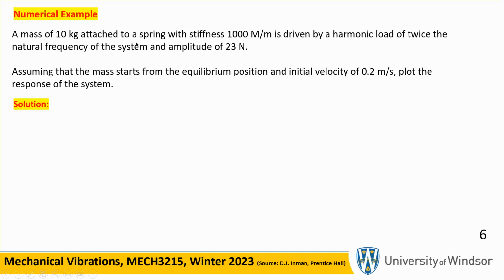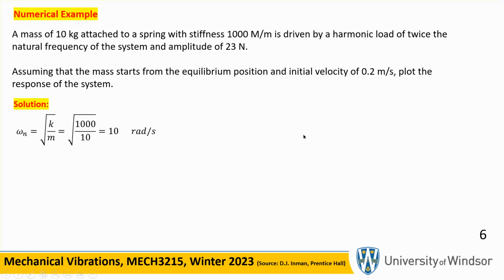And the amplitude of it, that means the F naught, is 23 Newtons. Suppose that the mass starts from the equilibrium position with an initial velocity of 0.2 meters per second. You want to solve it and plot the response.